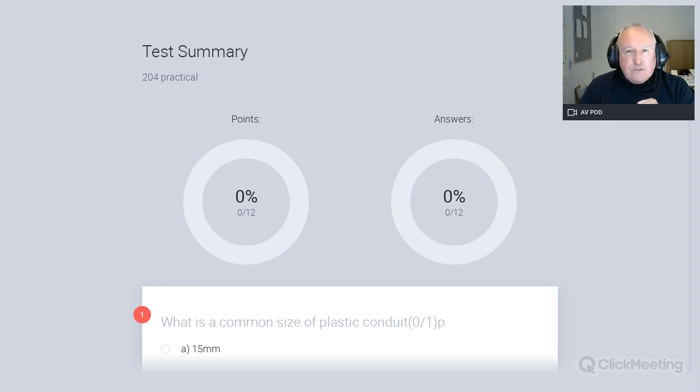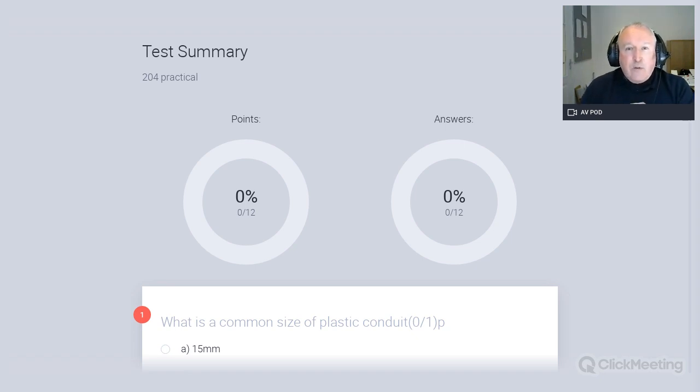Question 2. What type of steel can a conduit be made of? It's B again, which is galvanized. Question number 3. Steel wire armored is what SWA stands for. So the answer would be D. Again, for question 4, the answer is D at 2.5 millimeter.